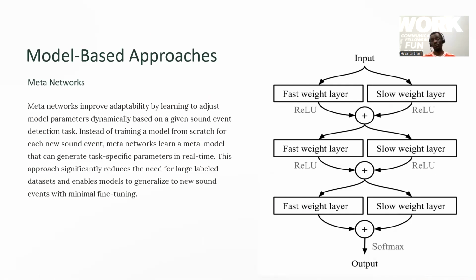And they combine fast weight layers and slow weight layers to make predictions in these neural networks. Thus, this approach significantly reduces the need for large labeled datasets and enables models to generalize to new sound events with minimal fine tuning.